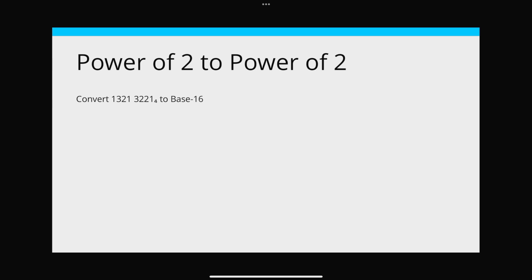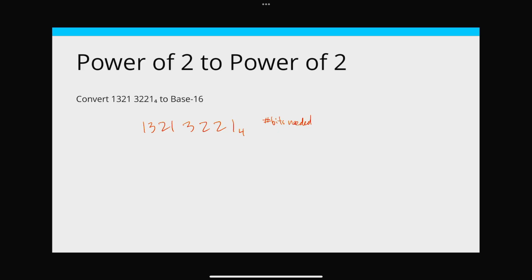Okay, so right here we have 1321, 3221. And this is base 4. Okay, so base 4, how many bits are needed to represent 4 options?